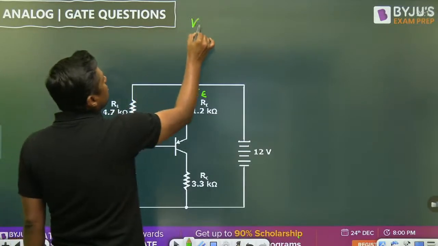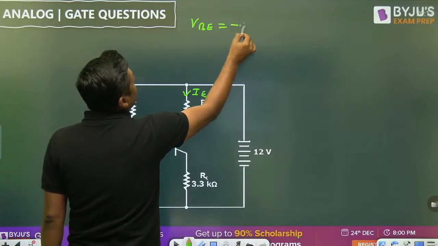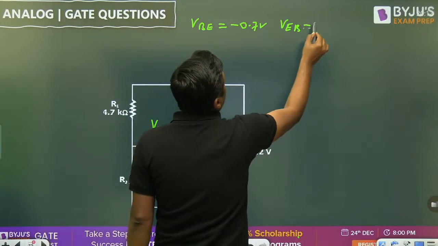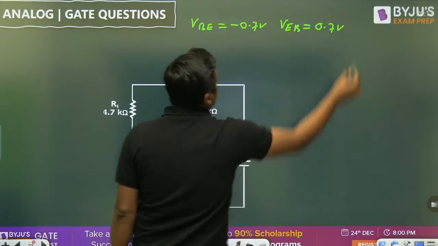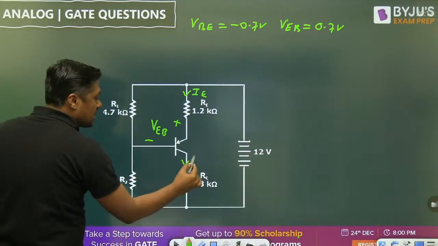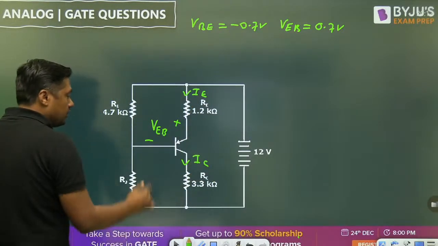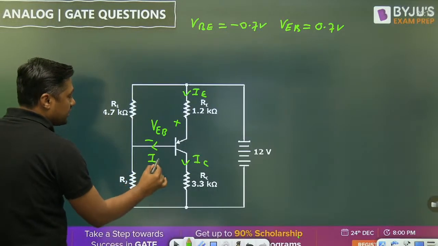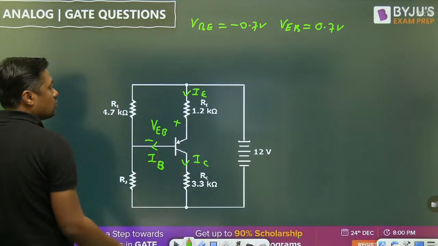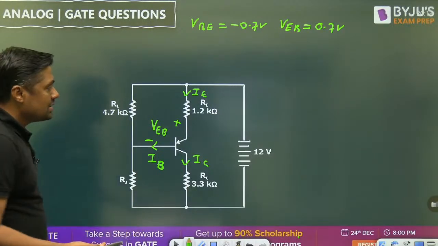VBE is given as minus 0.7. So what is the VEB? VEB will become 0.7 volt. This is the emitter current. This is the collector current. What is the direction? Outside. What is the direction of the base current? Outside. This is the PNP transistor. Base outside, collector outside. The relation will remain the same.